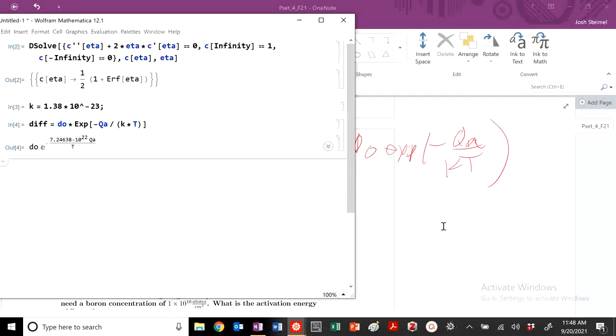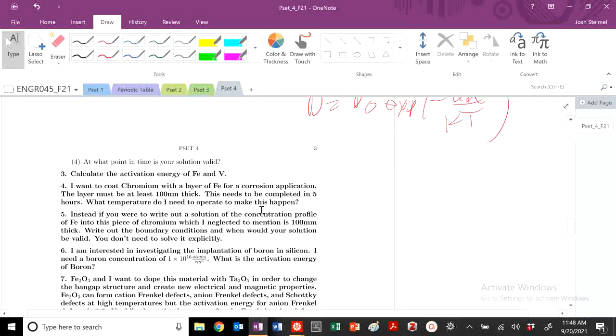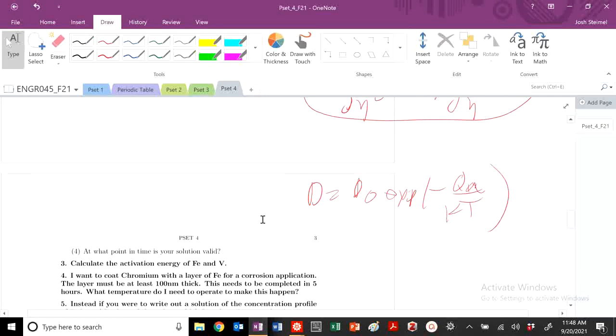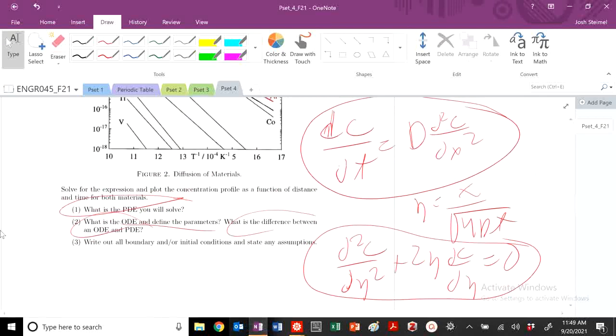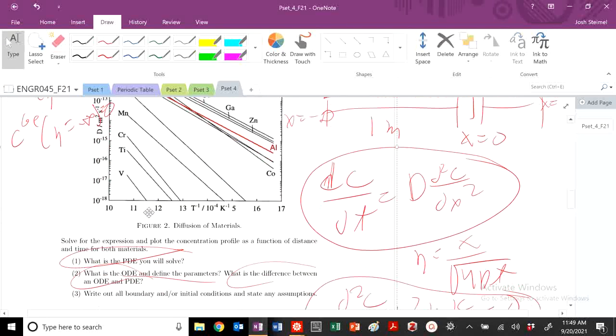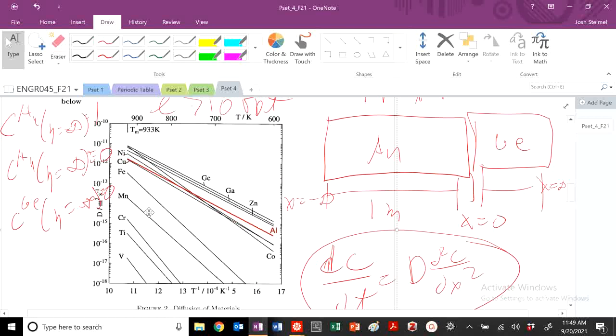So let's go ahead and see. I need to calculate the activation energy of Fe and V. I don't know what my D naught is, and I don't know what my Qa is. I know from this plot I could figure out the diffusivity and temperature at some of these values. So let's do iron first. I'm going to scroll down.